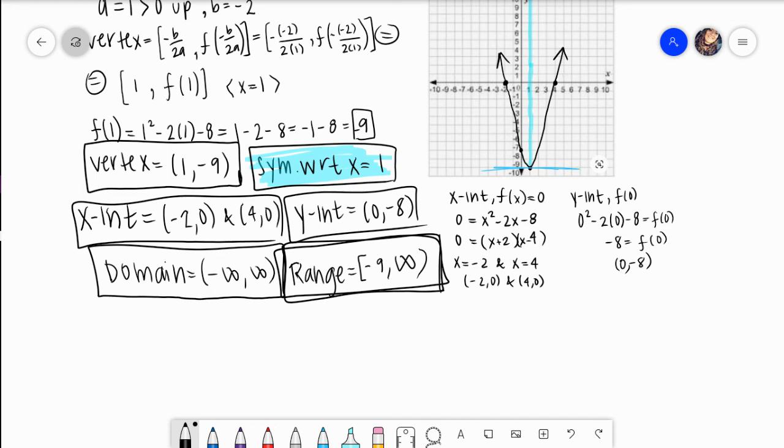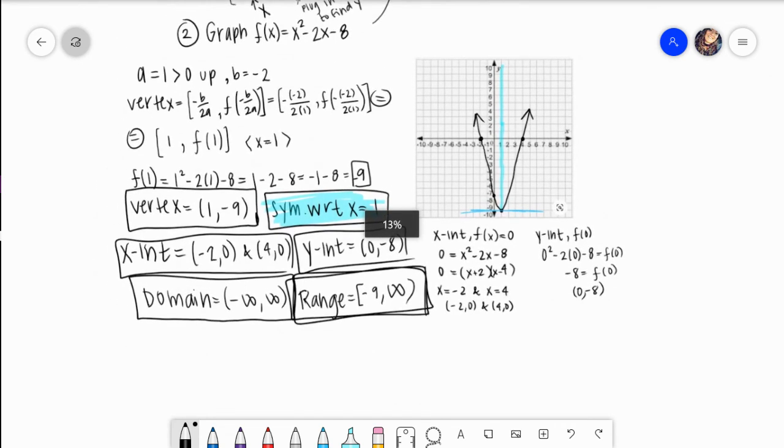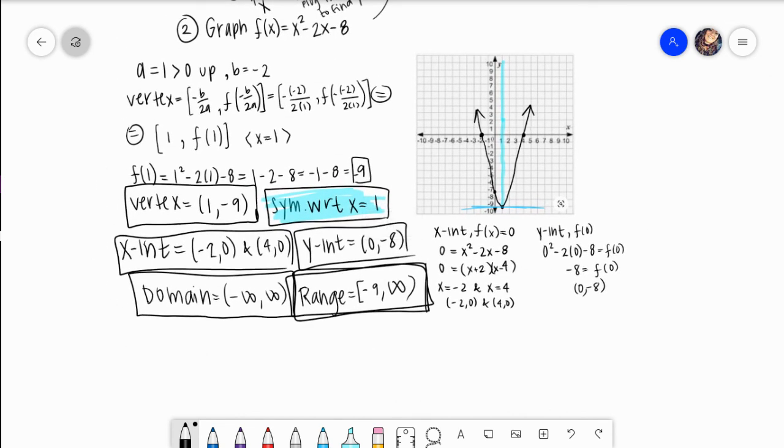Okay, so this is an example of graphing a function that's not in standard form. You're just going to use the formula that we know to find our vertex, which gives us our x. Then we plug into the function to find our y. With the x and the y, you have your vertex.